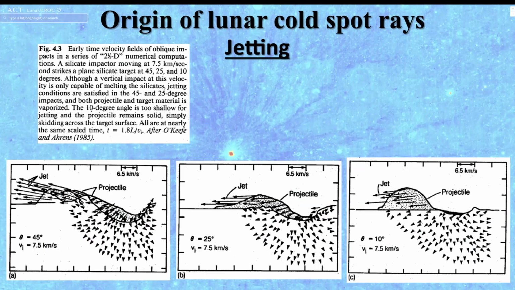At a low angle, with the projectile, we might get a little jetting, but it's going right into the surface. It's not projected at a distance. But as the impact angle increases toward the nadir, then we get more jetting that can go off at a distance.